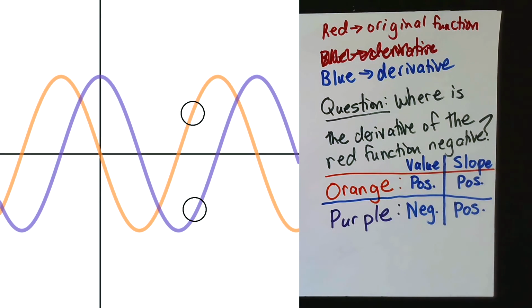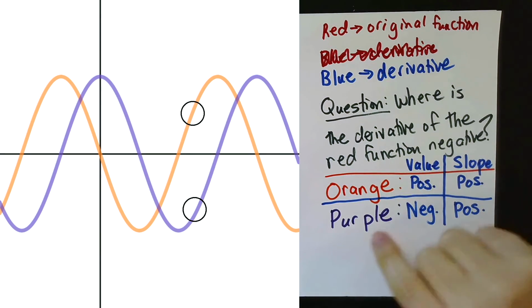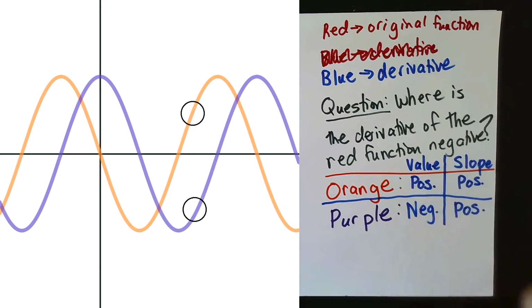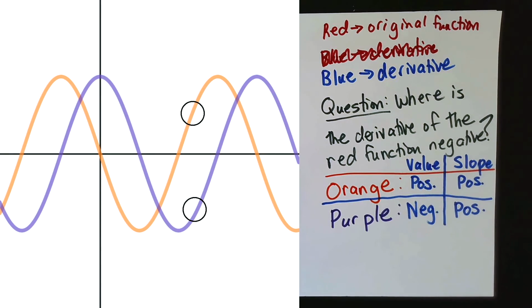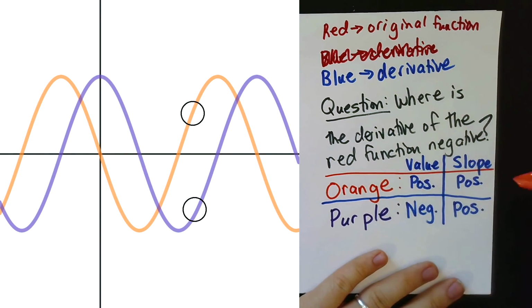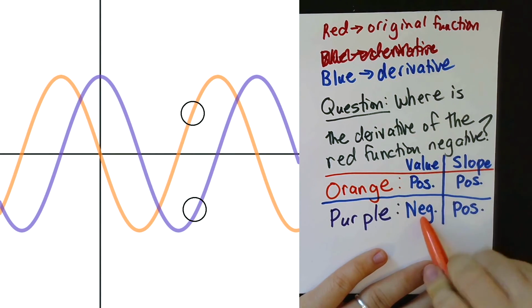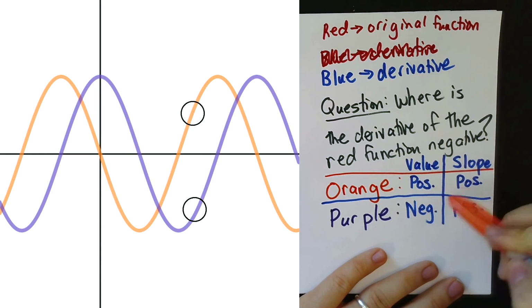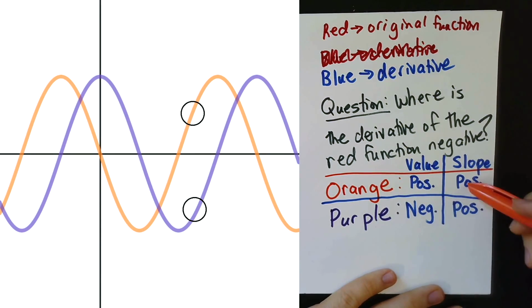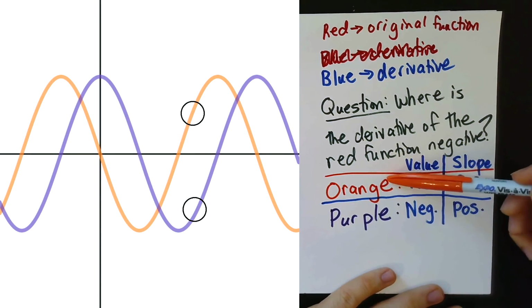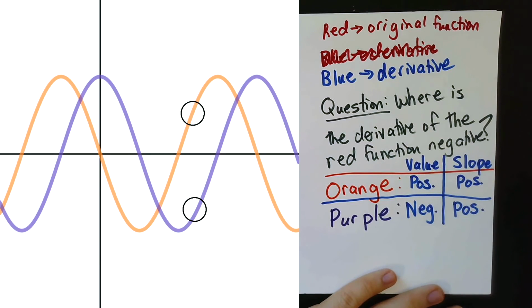And so, if the purple function was the derivative of the orange function, the value of the purple function would match the slope of the orange function. That is to say, again, if the purple function is the derivative of the orange function, then the slope of the orange function should match the value of the purple function. But they don't. And so because these are different, it can't be the case that the orange is the original function and the purple is the derivative.